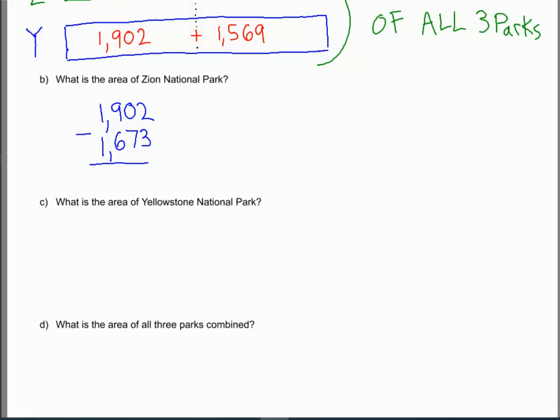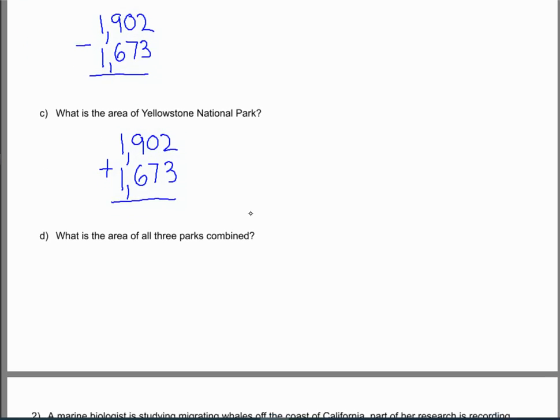And then Yellowstone. To find the area of Yellowstone, I need to take that 1,902 and add it to the 1,569. I'm going to add that, and I'm going to get a total. I'll let you do that at home as well.